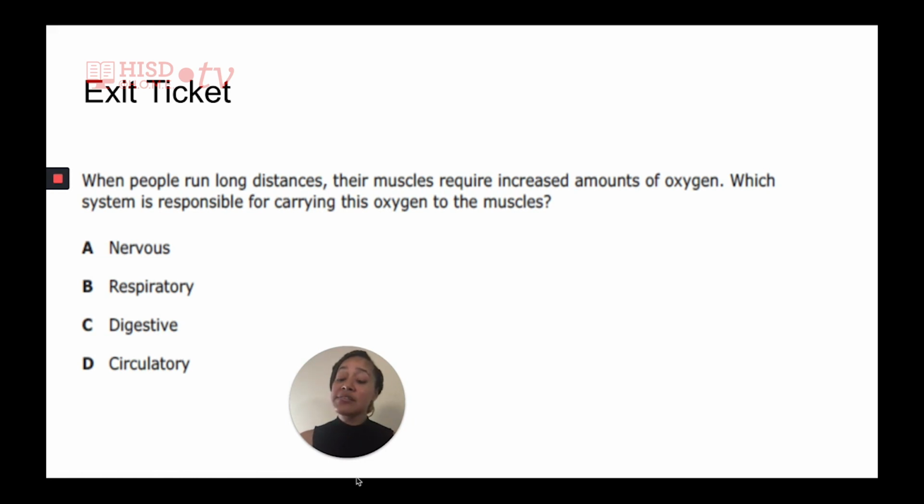A, nervous, B, respiratory, C, digestive, or D, circulatory? I'm going to give you about 30 seconds to choose your answer, and then we will discuss. You have about 20 seconds left. Down to your last 10.